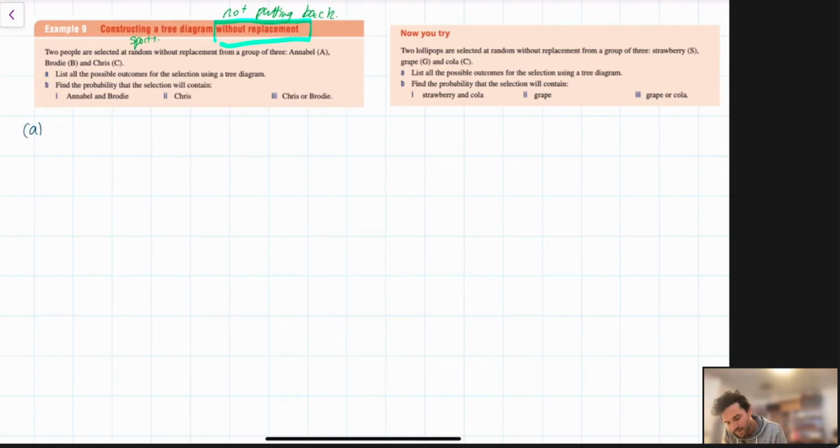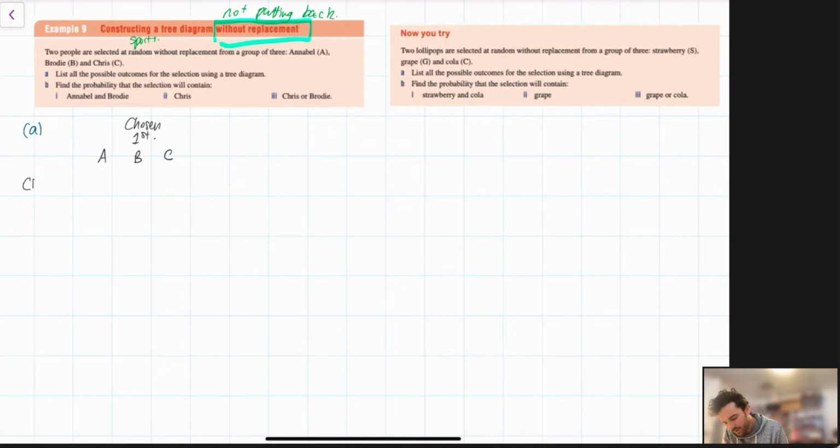First one, I'm going to use an array. So let's think about the people. We've got draw number 1. So this is someone getting drawn out or chosen first. In fact, I'll change it to chosen first. So let's think about the people. You've got Annabelle, Brody, and Chris.